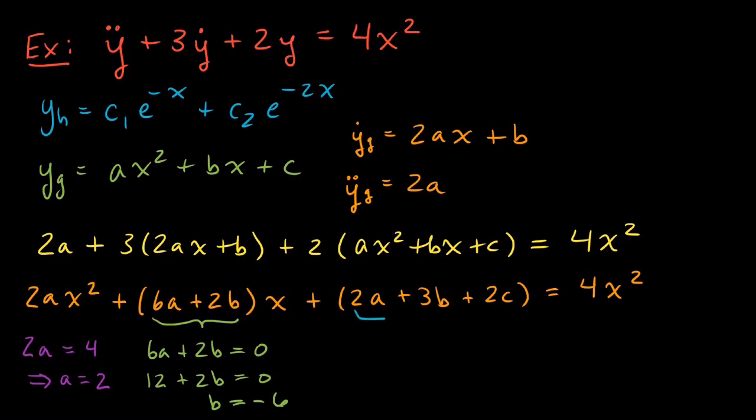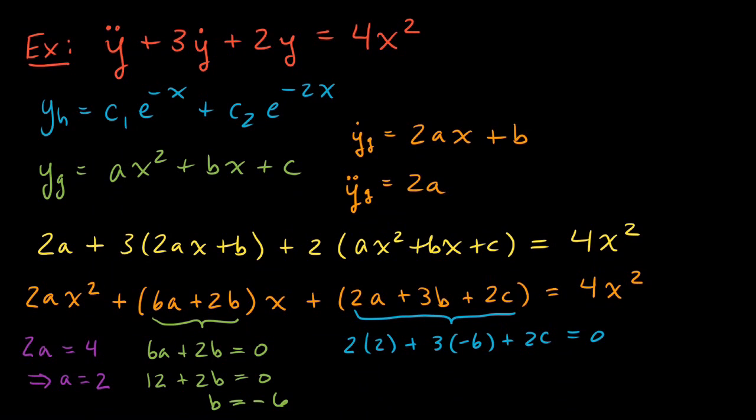Right, and then finally, we deal with this one. There is no constant term on the right-hand side, so this must add up to 0. So we know that 2a plus 3b plus 2c equals 0. I'll write it this way: 2 onto 2 plus 3 onto -6 plus 2c equals 0.